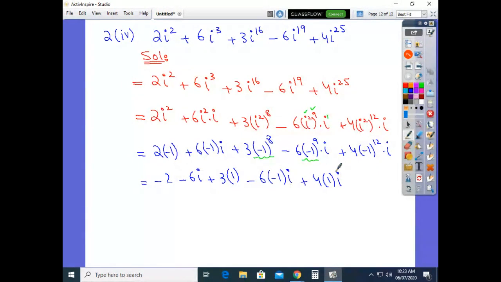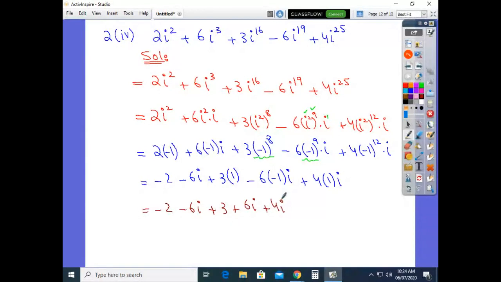Okay. After more simplification, we get negative 2, negative 6 iota, positive 3. Negative and negative become positive, it becomes positive 6 iota and 4 iota.